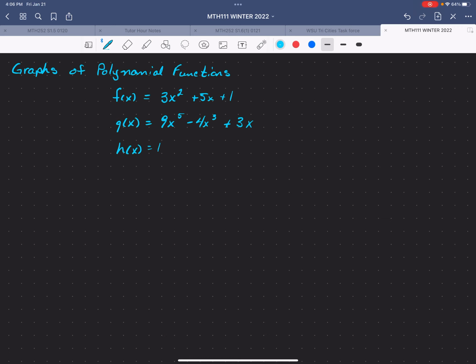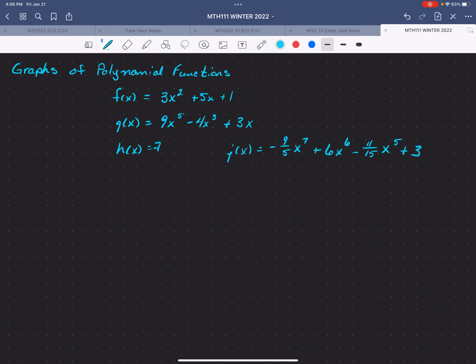So is 7 or -7 or -9/5 x to the 7th plus 6x to the 6th minus 11/15 x to the 5th plus 3.